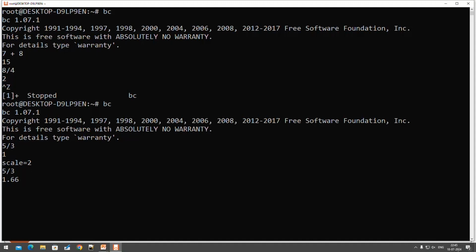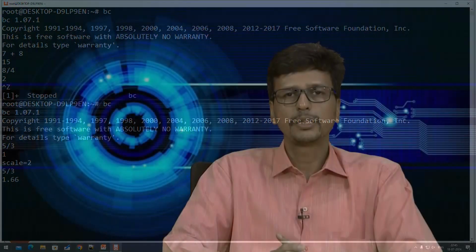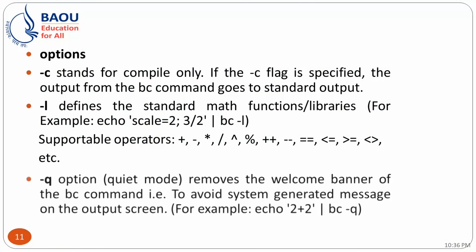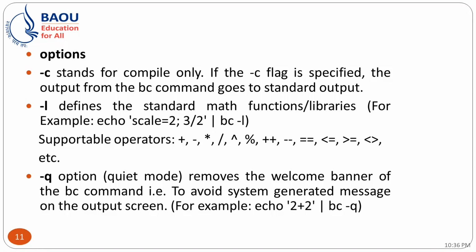Now suppose you don't want to use this command inside BC. In that case, you can merge this command with the echo command also. Suppose you want to use the scale option, then you can use echo scale equal to 2, that is, after the decimal point you require 2 digits, and then whatever operation you want to perform, you write it. Then use the pipe symbol, BC command, and then a space and the L option.